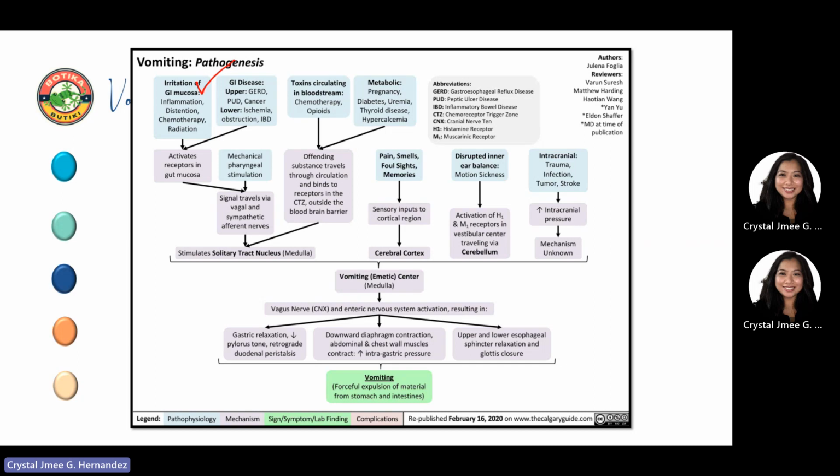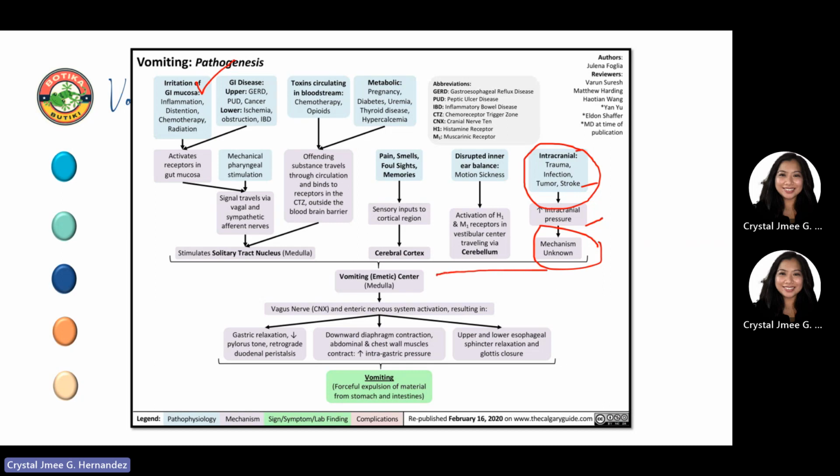Similarly, other triggers, like what I mentioned a while ago for the intracranial. If there's trauma, infection, tumor, or stroke in relation to different cerebrovascular conditions, that will increase intracranial pressure. Although the exact mechanism is unknown, it will still trigger the vomiting emetic center.